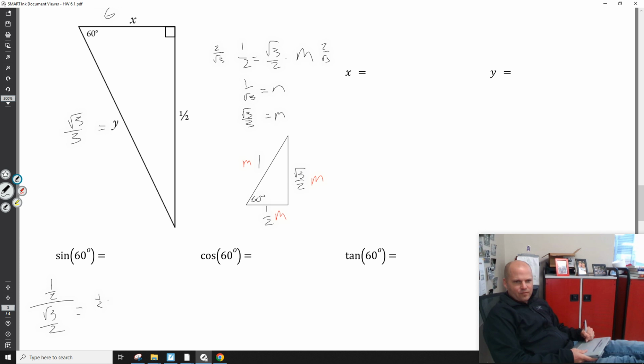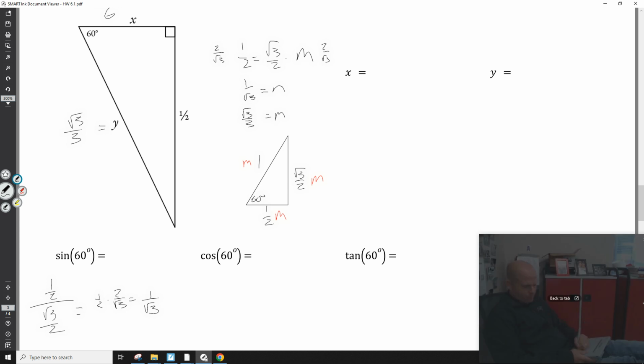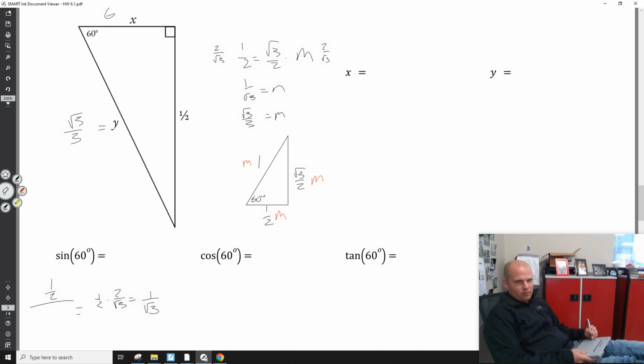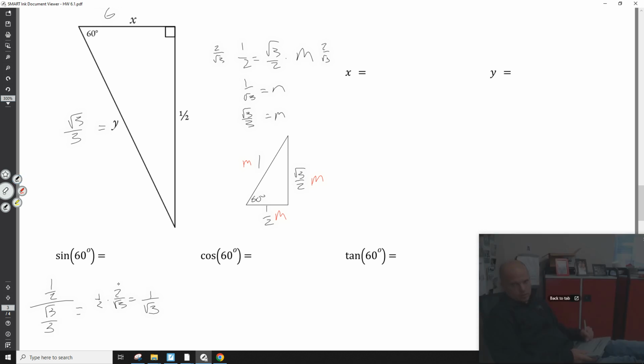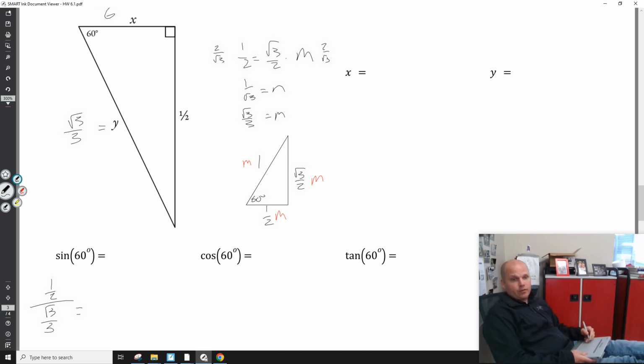You'd have 1/2 times 2 over root 3, which is 1 over root 3. Hold on. 1/2 divided by root 3 over 3. We need to get an answer that we're looking for. The sine of 60 degrees is root 3 over 2. I'm just using this to show you what we need to see.